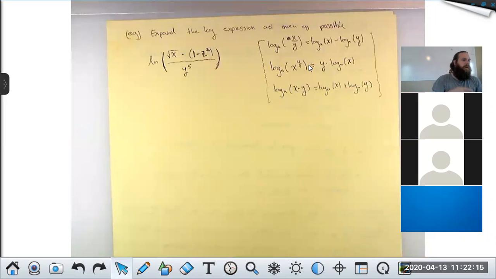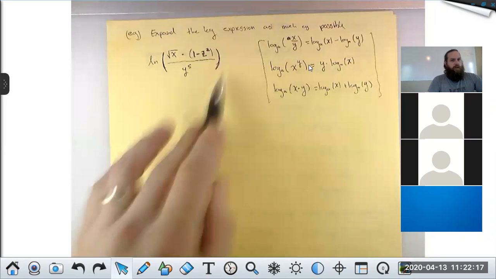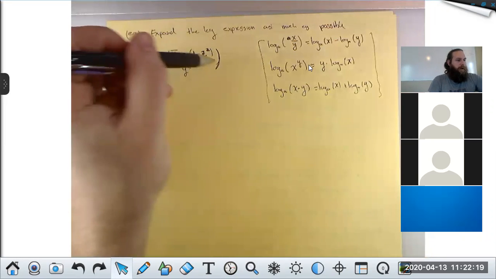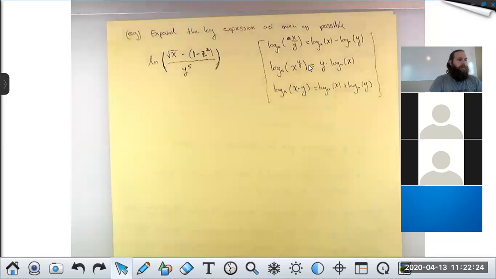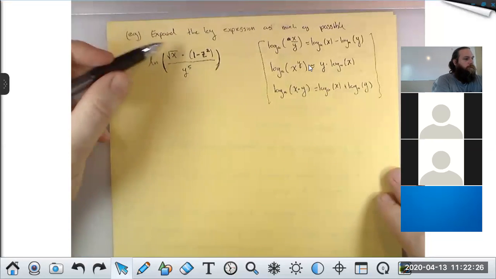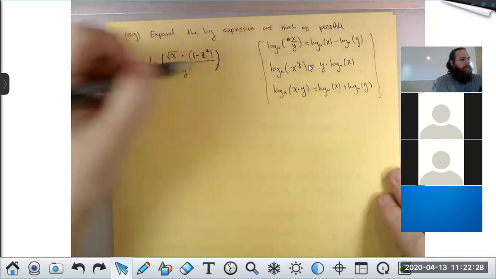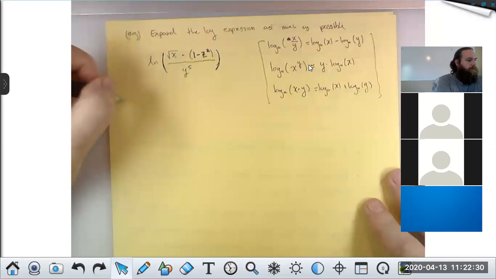So when I look inside this logarithm, to me what appears to be the outermost operation, and it really is just a visual thing, is that division. So I'm going to use the rule that says division inside the logarithm is the same as subtraction outside the logarithm.